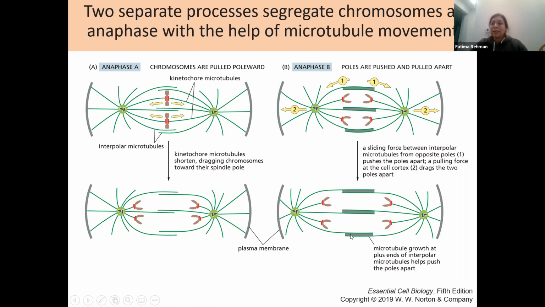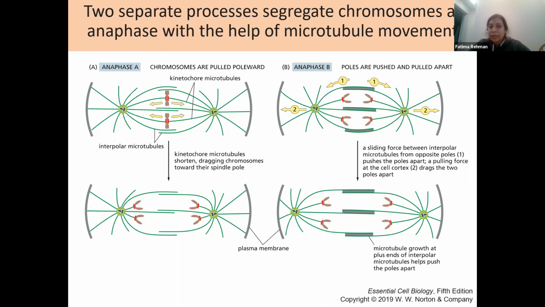So in this case, you're still getting more polymerization on these interpolar microtubules. So in Anaphase, the interpolar microtubules continue to grow. They're continuing to polymerize and grow, while the kinetochore microtubules are depolymerizing and shortening.